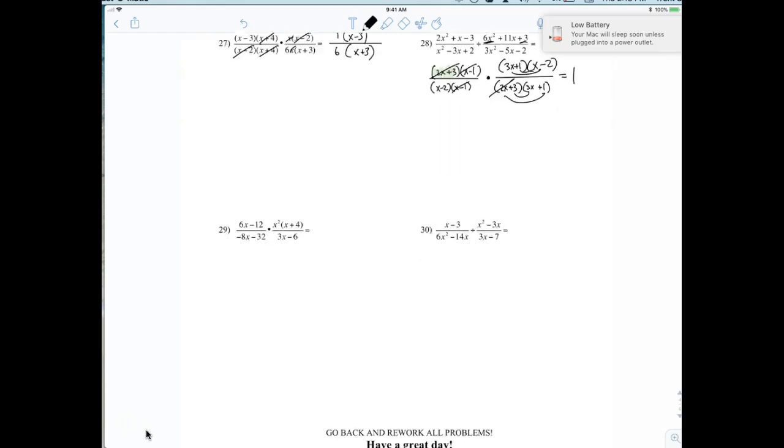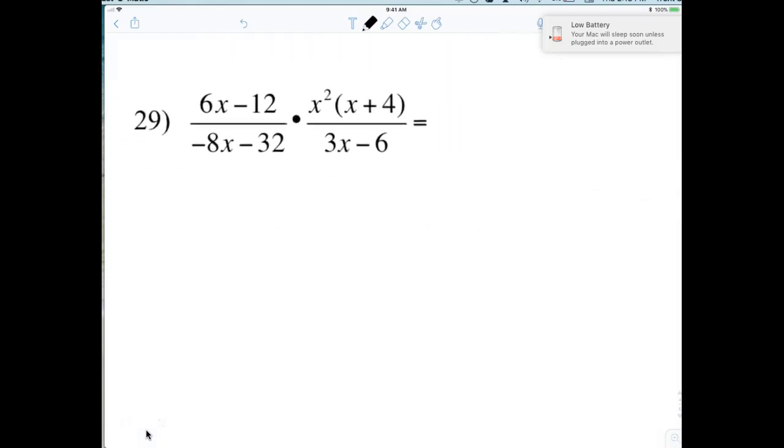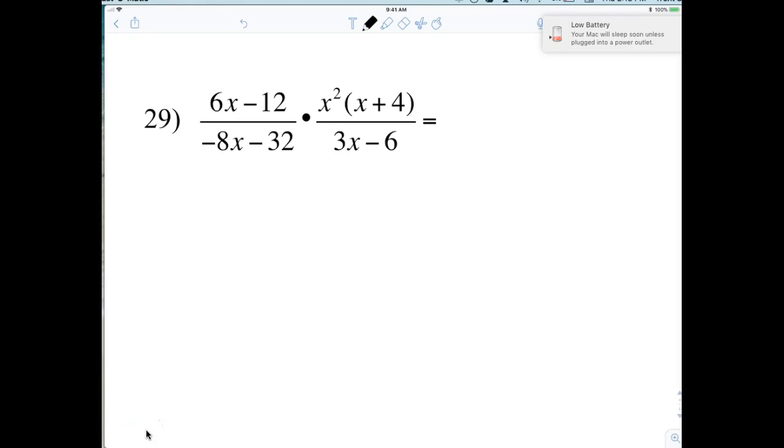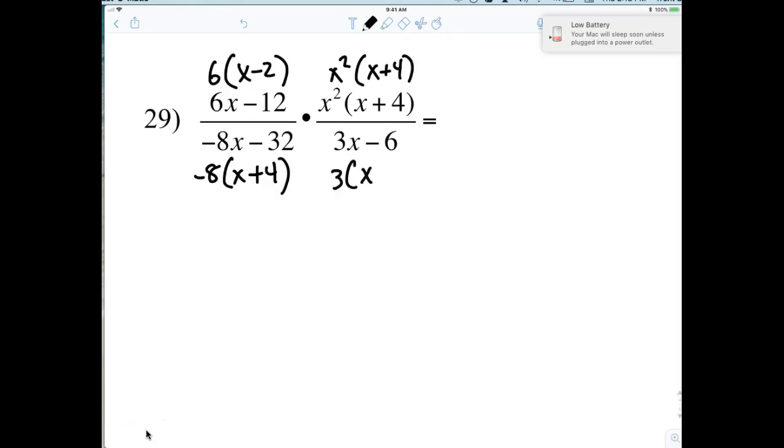All right, let's check out 29. So 6, x minus 2, negative 8. Uh-oh. X plus 4, x squared, x plus 4 stays. 3, x minus 2. So x plus 4's cancel. X minus 2's cancel.